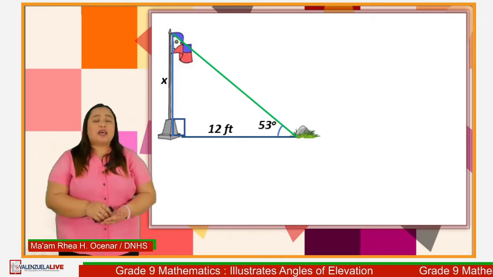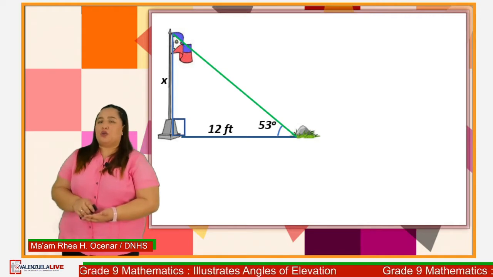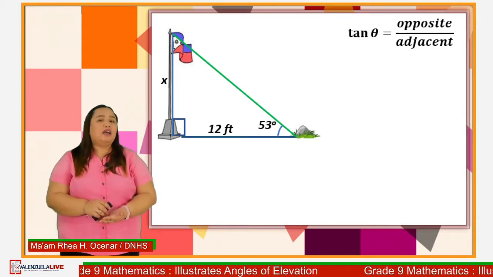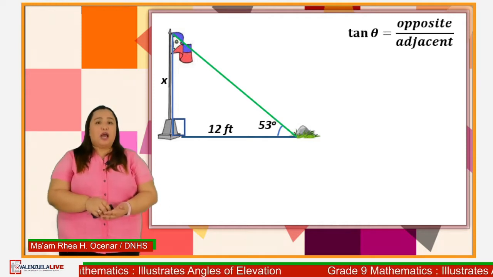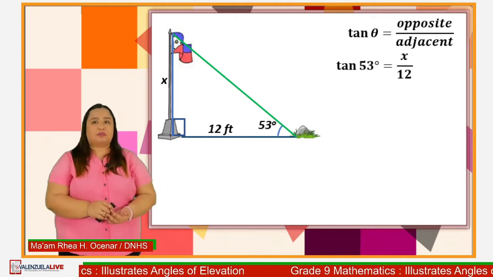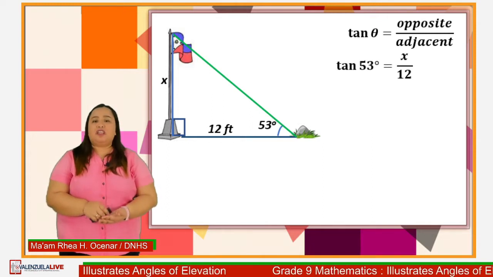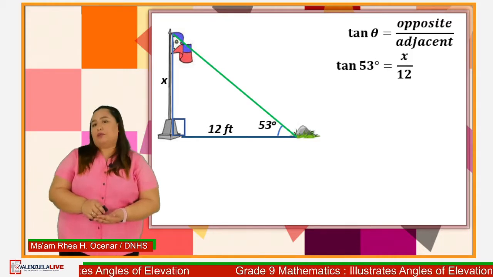We can use the tangent function to solve this problem. So we have tangent theta is equal to opposite over adjacent. By substitution, we have tangent 53 degrees is equal to x over 12.